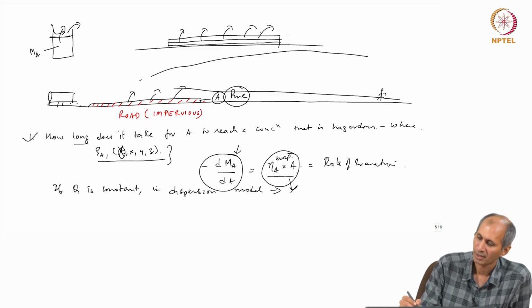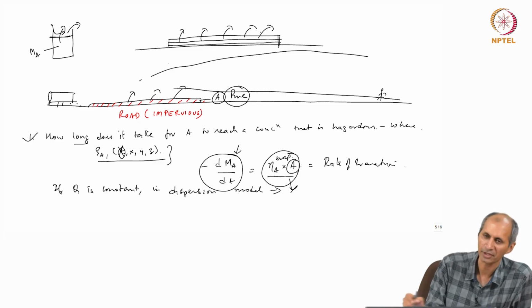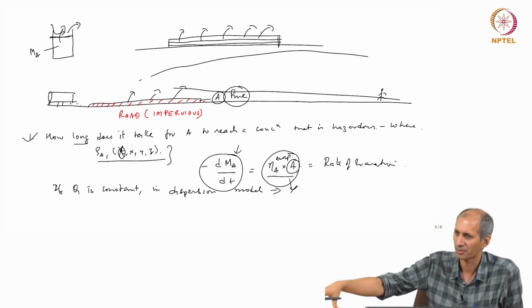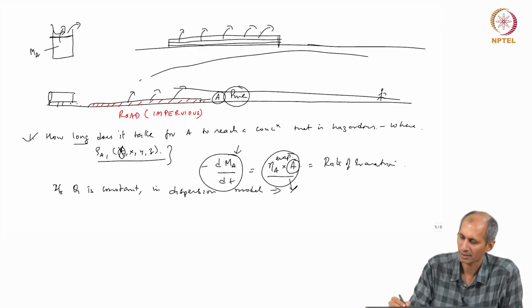Okay. So, as long as we can assume the area is constant, this will not change. But area is sometimes not constant. For example, if I put a drop of liquid on this, it will initially occupy this big area and its shape will not be rectangular like this, and over a period of time it will shrink like this.